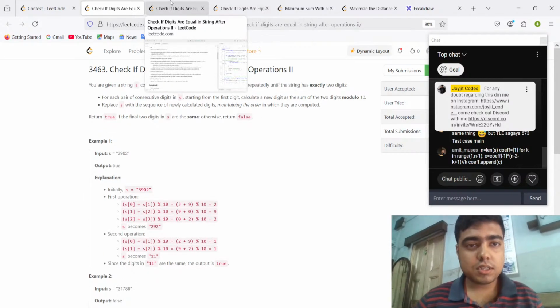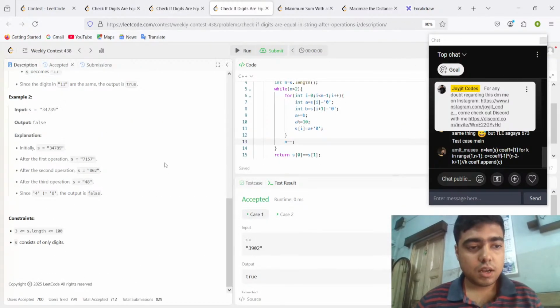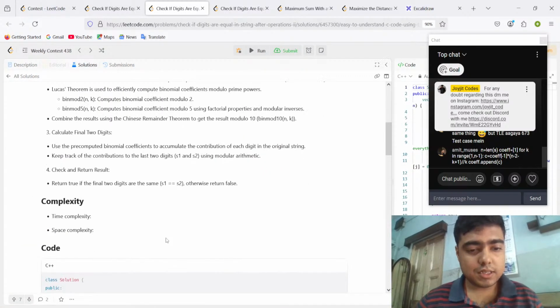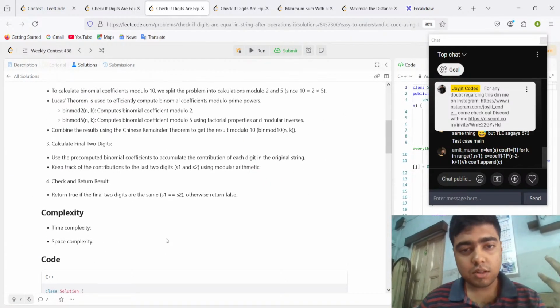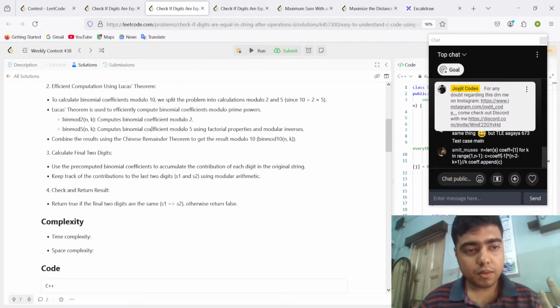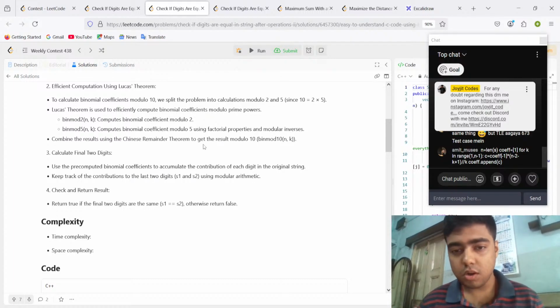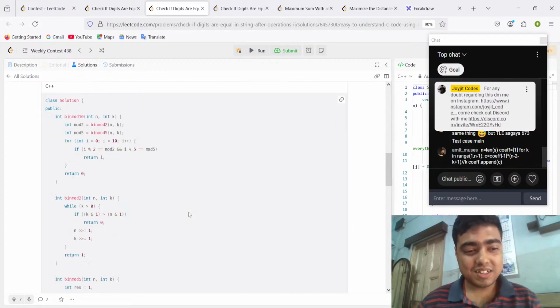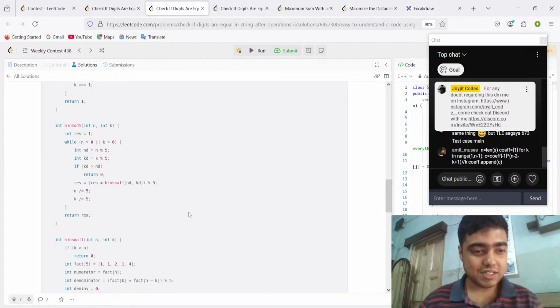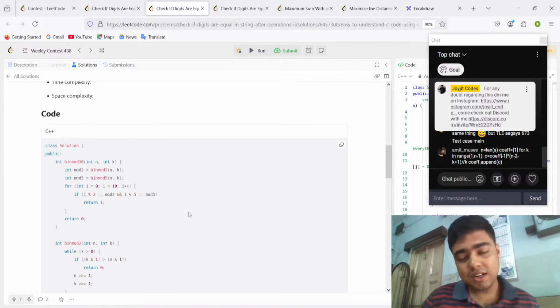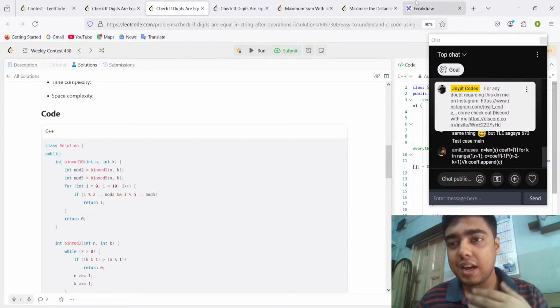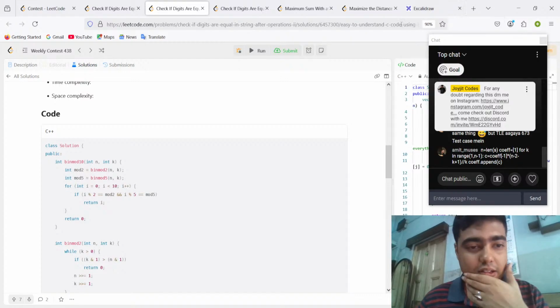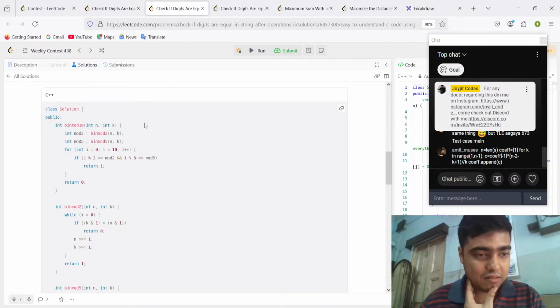Now what this guy has come up with is that there is some algorithm called Lucas theorem and some Chinese remainder algorithm by which you can get the modulo 10 thing. Otherwise everything is the same, I guess, whatever he has done. Okay, so let's go through his code only, because I think the explanation was clear enough. So let's see what he has done.